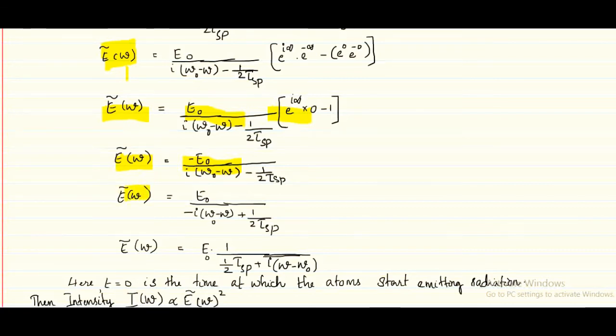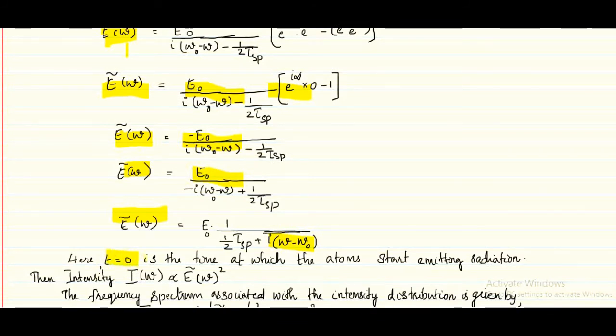On rearranging, E bar of omega equals E0 by minus i omega 0 minus omega plus 1 by 2 tau sp. That is E bar of omega equals E0 into 1 by 2 tau sp plus i into omega minus omega 0. Here t equals 0 is the time at which the atoms start emitting radiation.